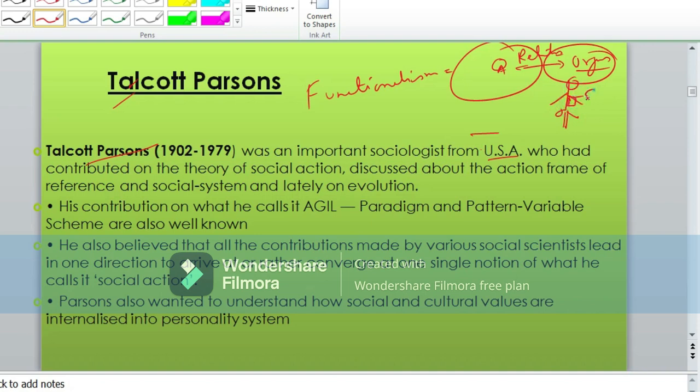The heart controls the entire body chain, or even it is the kidney, or even your brain. It regulates the entire body system. Similarly, every individual action leads to a social action when the individual interacts with society.